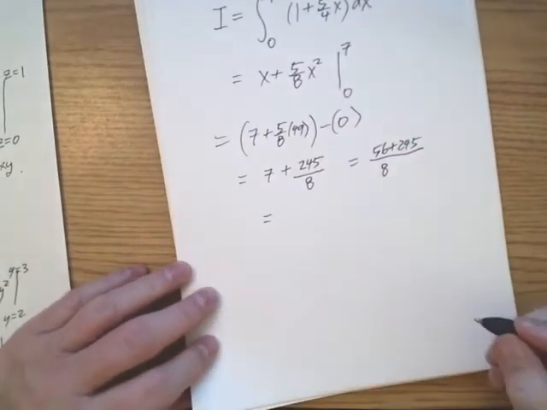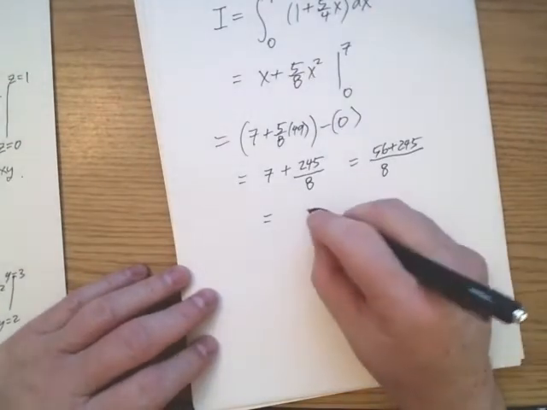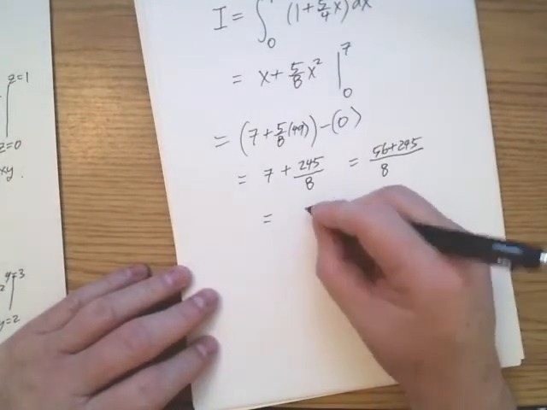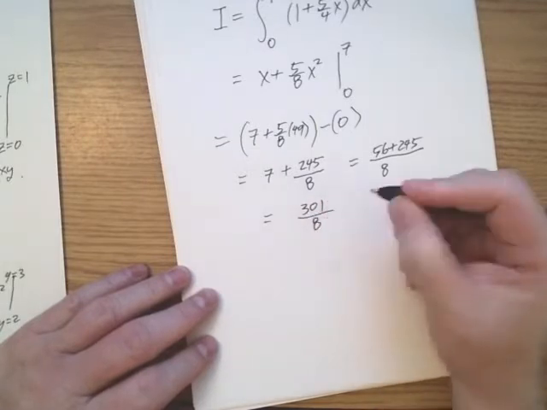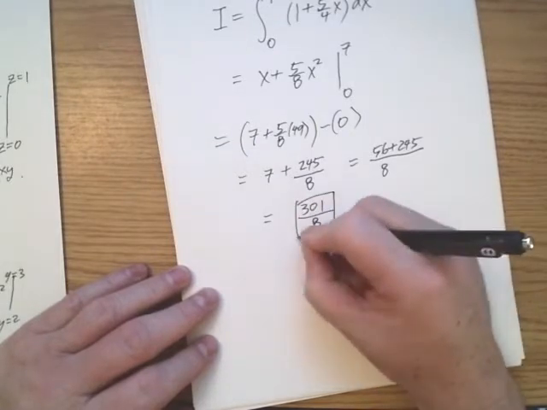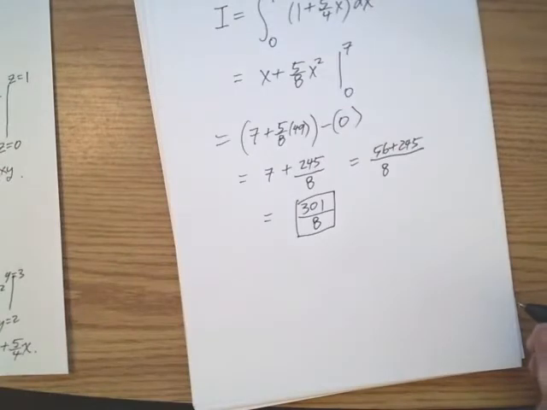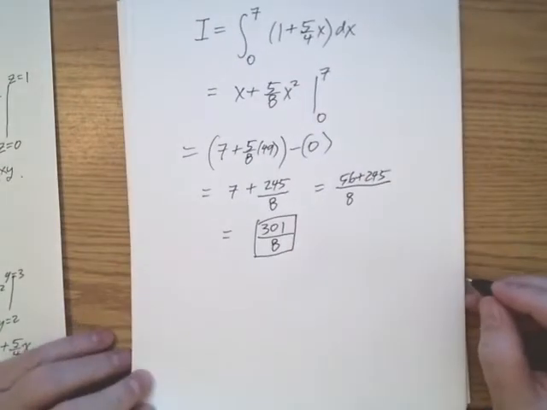And what does that amount to, folks? Is that 301 divided by 8, I think, if I got my arithmetic correct? Okay. Yeah, I think so. Okay. Alrighty. So there's our final answer for this particular problem.